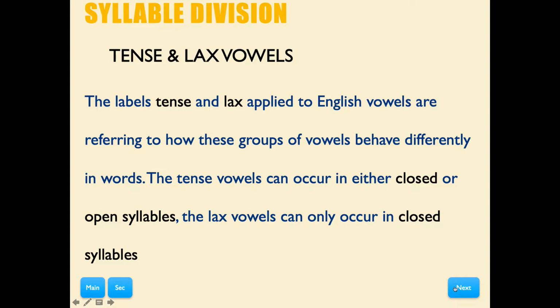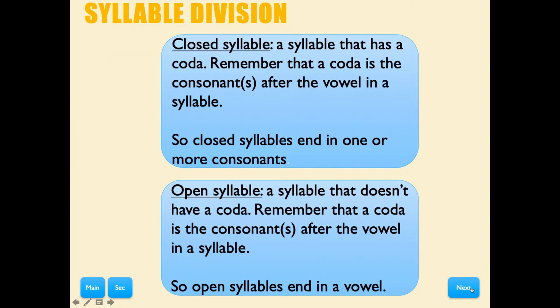Basically, in a nutshell, what happens is that the tense vowels can occur in either closed or open syllables, and the lax vowels are restricted to occurring only in closed syllables. Now you will remember that a closed syllable is a syllable that has a coda.